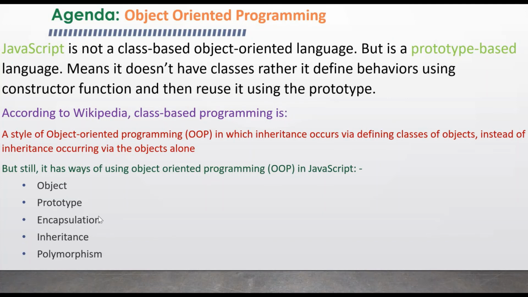So those are the main features still supported by JavaScript, and you can say yes, JavaScript is an object-oriented programming language, but the difference is that it is based on prototype, which is based on objects, unlike other languages like Java, which is based on classes. So your object-oriented programming mechanism is based on class there, but in JavaScript it is based on objects. That's the bottom line.